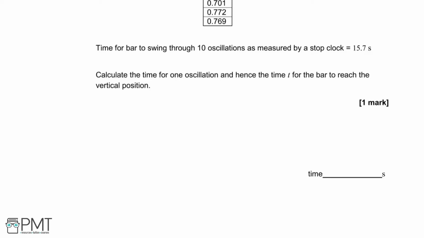Now for this 1 mark question, you will only get a mark for getting the correct answer, but we'll write down the working anyway. It says there the time for 10 oscillations is going to be 15.7 seconds. So let's work out the time for 1 oscillation first. So 1.57 seconds for 1 full oscillation. Now we're only interested in the time taken for the bar to move from its most extreme point down to the center, which is actually just a quarter of an oscillation.